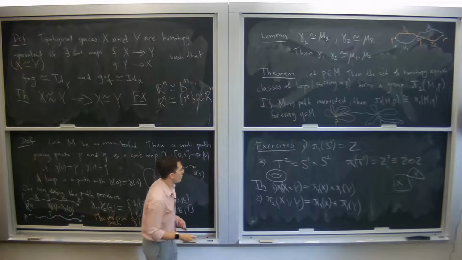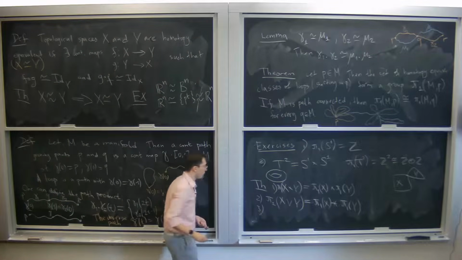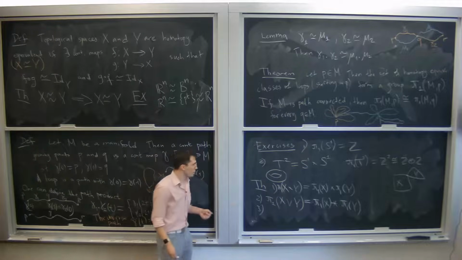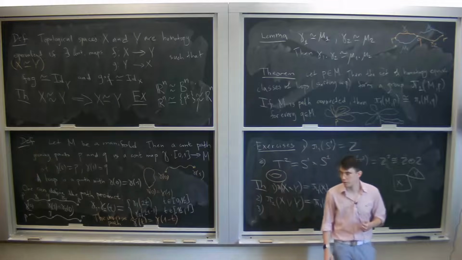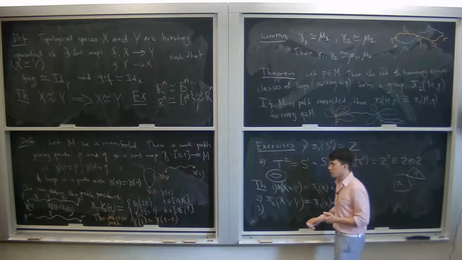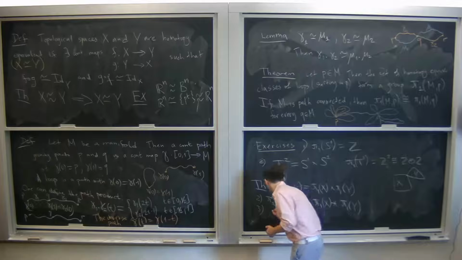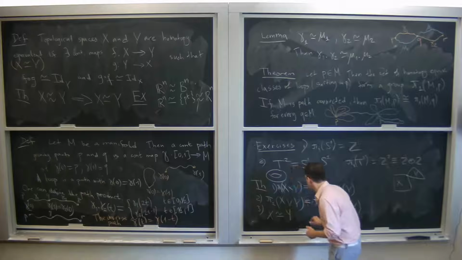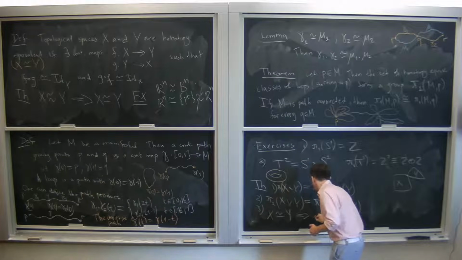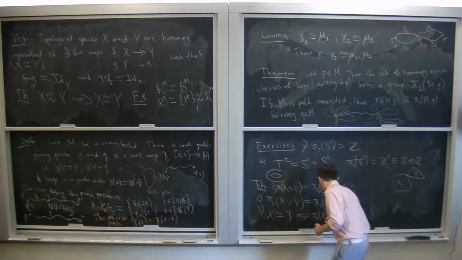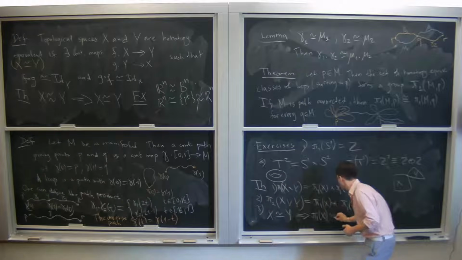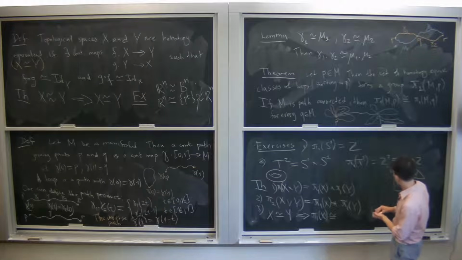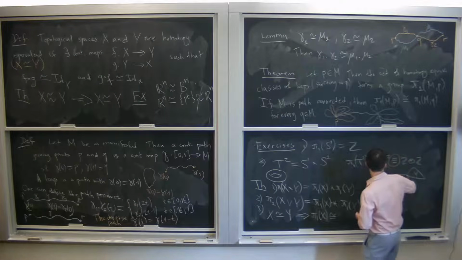And the fundamental fact, actually it should be number 0, I'm sorry: if X and Y are homotopy equivalent, then their fundamental groups are isomorphic. So if X and Y are homotopy equivalent, then pi1 of X is isomorphic to pi1 of Y. By the way, isomorphisms of groups will be usually denoted by this symbol.